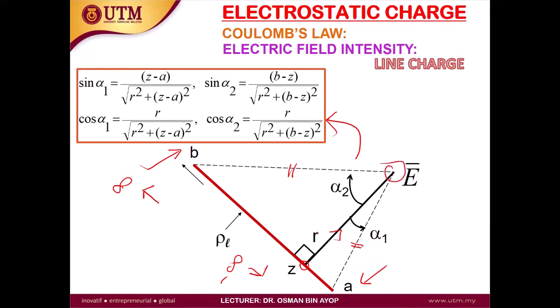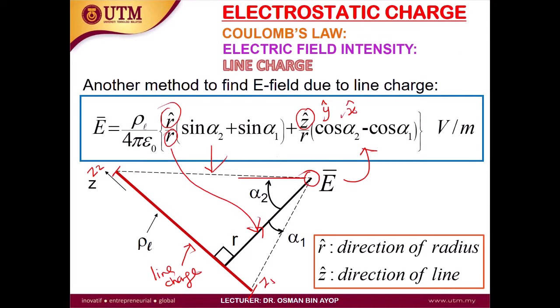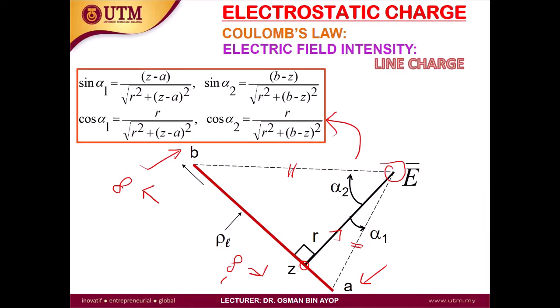So basically the r is not significant anymore compared to the length of your transmission line. When the line becomes very long, it will almost be parallel. So we can say that alpha 2 is equal to alpha 1, approaching 90 degrees or pi over 2.